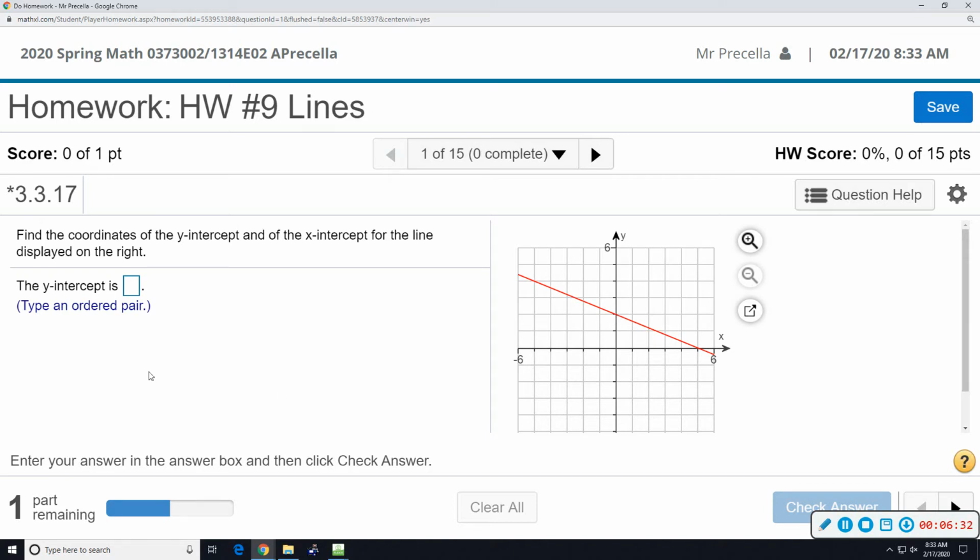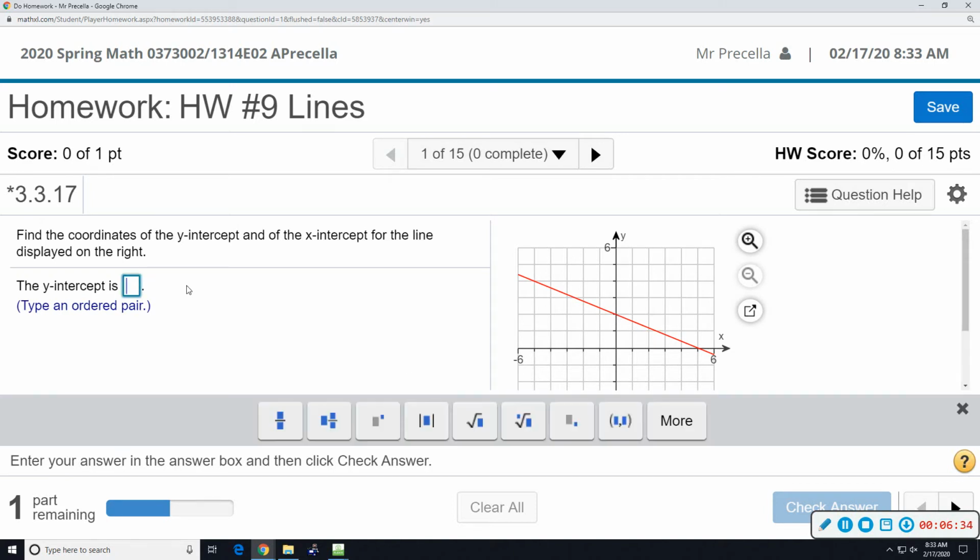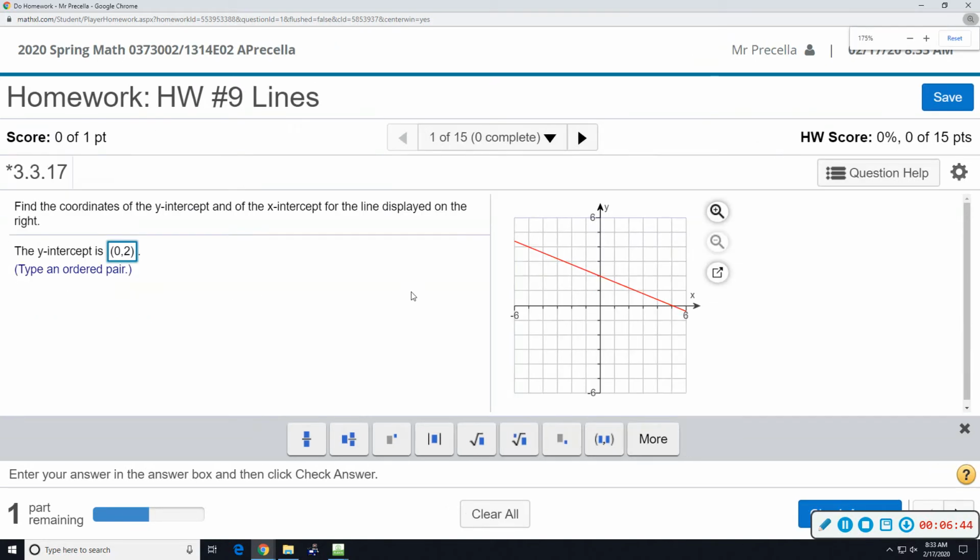I heard 0, 2. So I have to go parentheses, 0, comma, 2, close parentheses. Oh, and it's still a little too big. Let's see. Is that better? Okay. So that's where the graph crosses the y-axis. Let me check it.